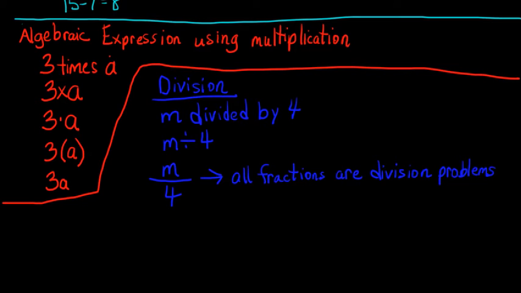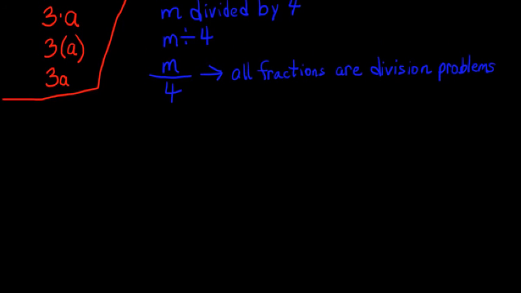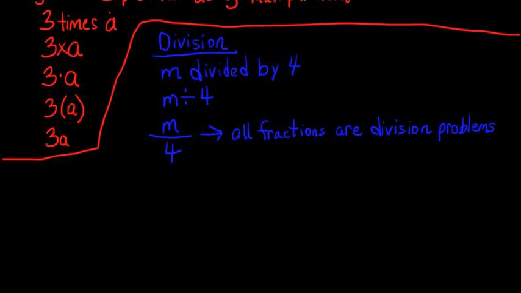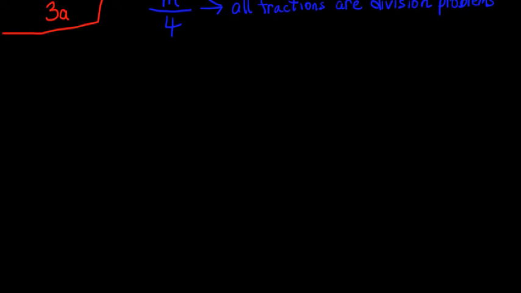Alright, now that we've seen that, let's look at a couple of examples. Okay, scroll this up, and I'll do a couple of examples for you. Every now and then I like to change colors just so you can see the difference in what I'm doing. Let's do an example.